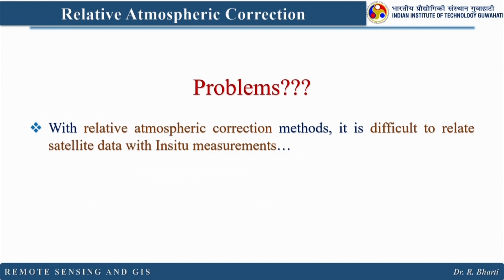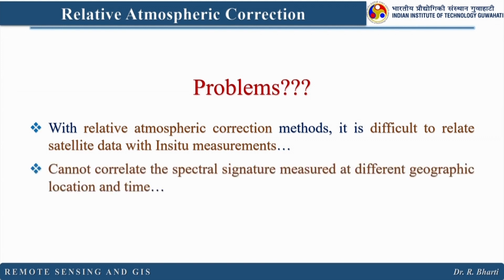So that means you cannot really correlate these two values unless you remove the atmospheric effect from the satellite images, and this cannot be used to correlate the spectral signature measured at different geographic locations and times.